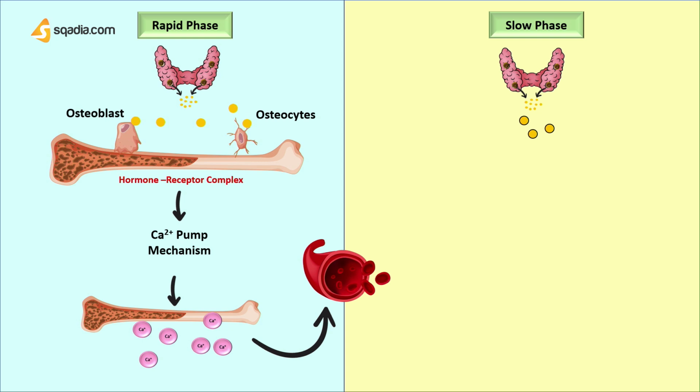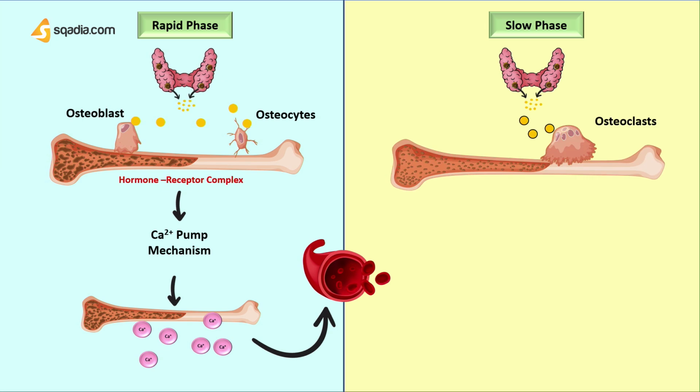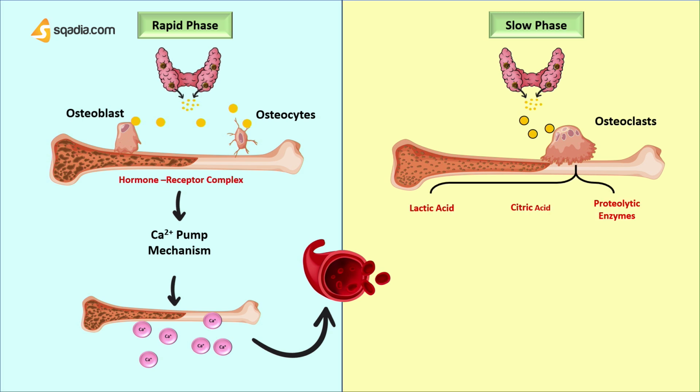Now, the slow phase of calcium resorption from the bone is due to the activation of osteoclasts by the parathyroid hormone. When osteoclasts are activated, some substances such as proteolytic enzymes, citric acid, and lactic acid are released from the lysosomes of these cells.